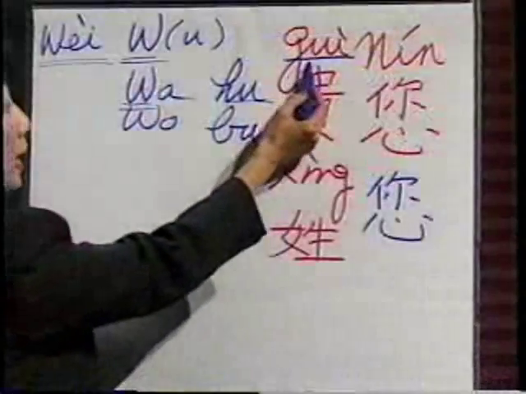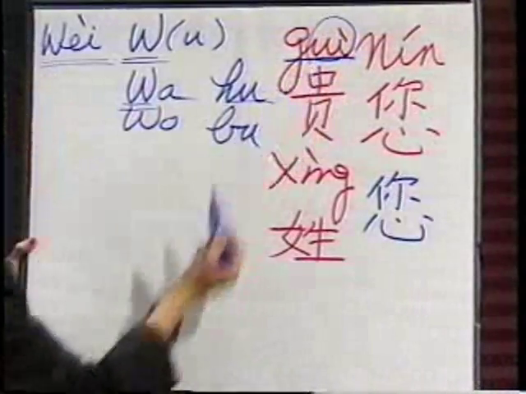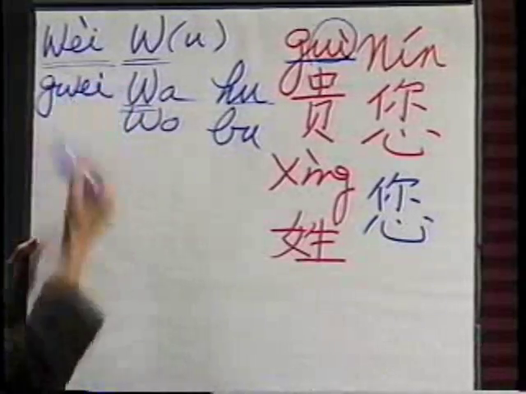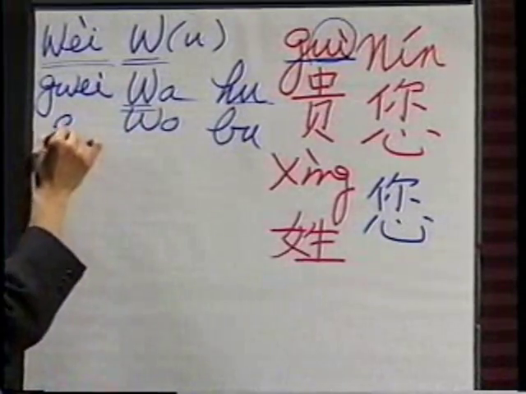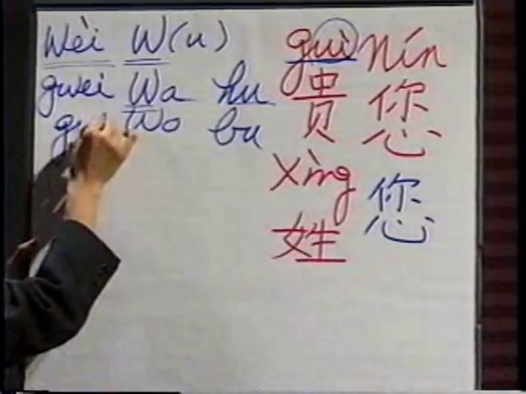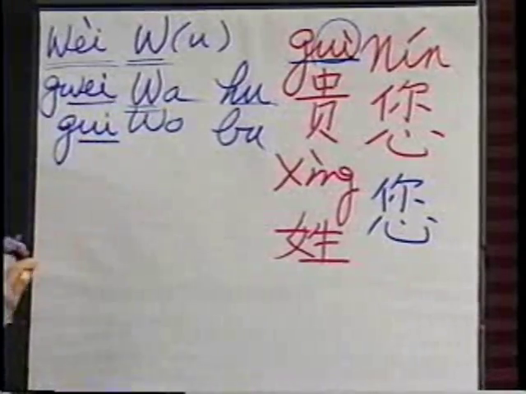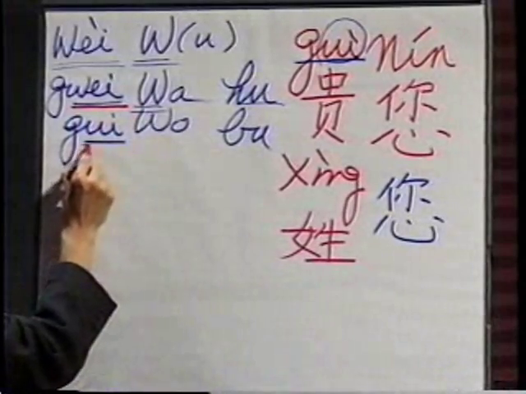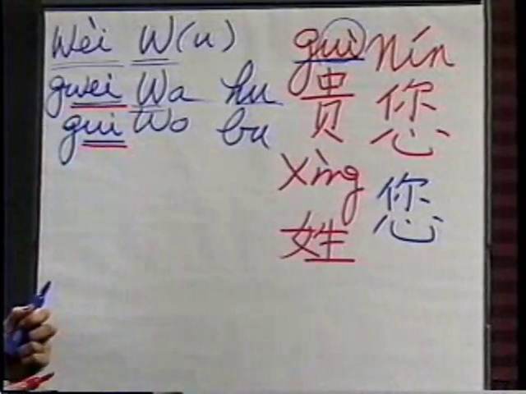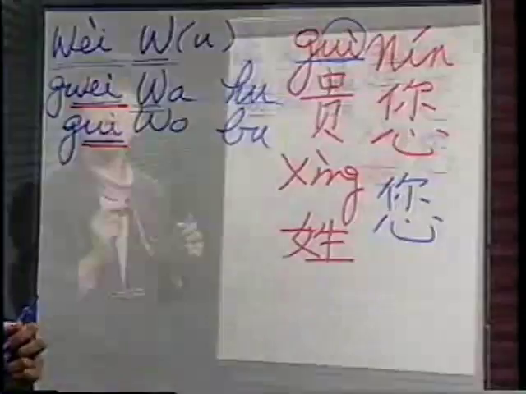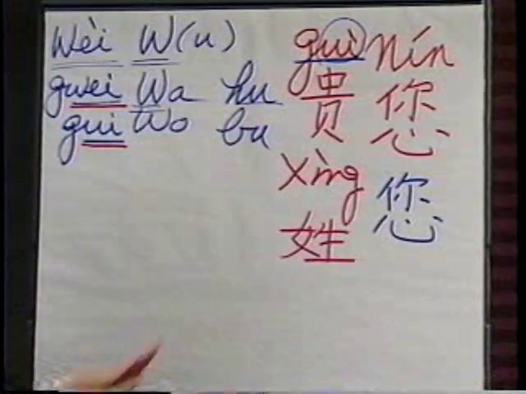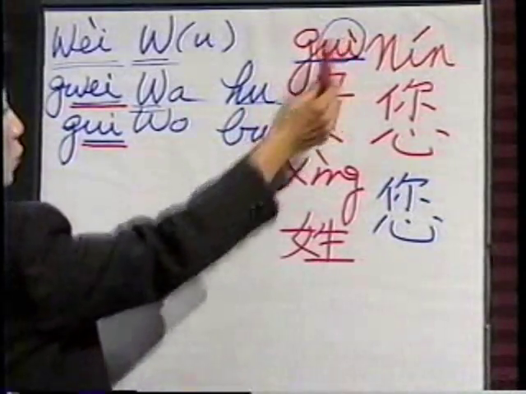But when it turns out to be the final, you cannot write wei anymore. You have to write ui. This change is the rule from our spelling system, the pinyin system we are learning. You remember when you need to use wei as a final, wei changes into ui. So here's gui, 贵.